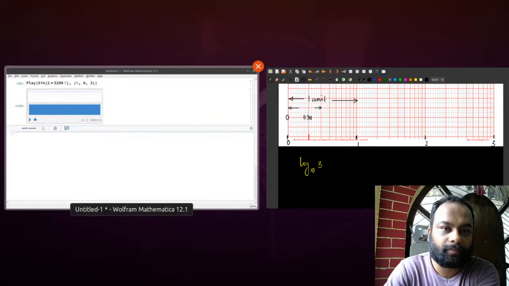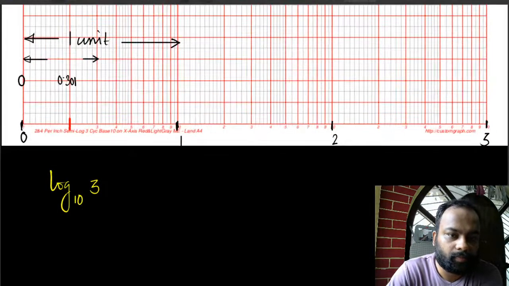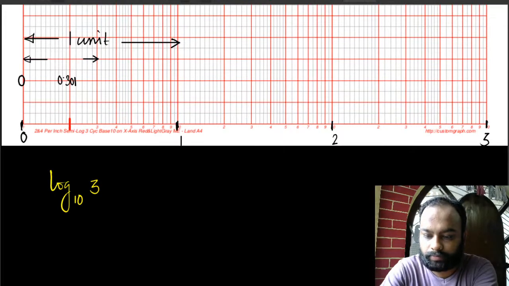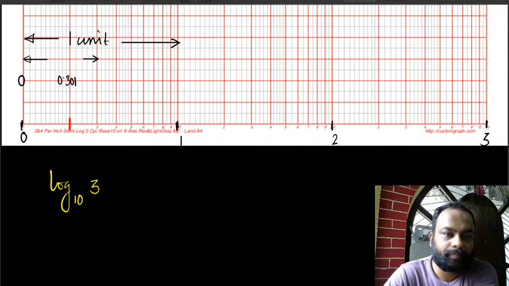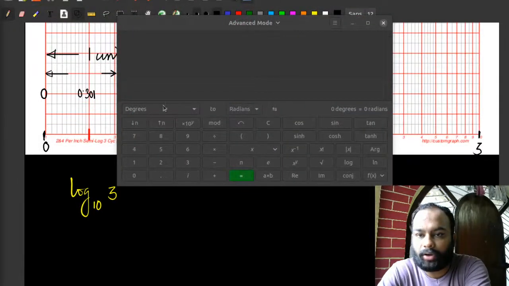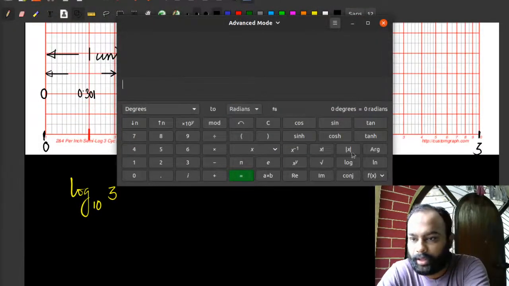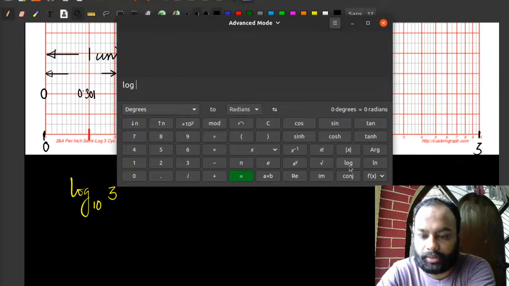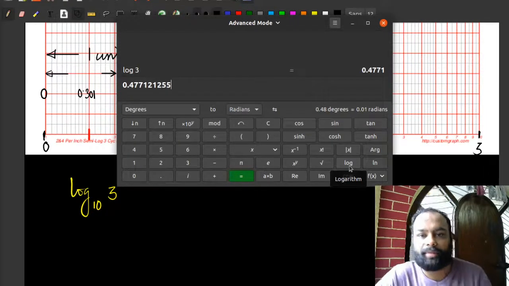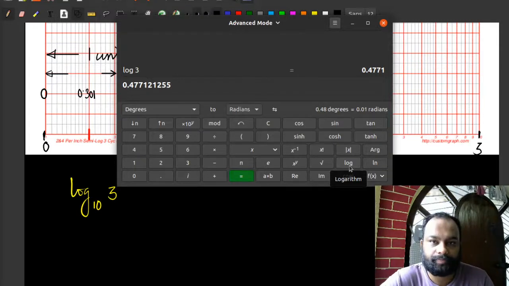Hold on. All right. And if I calculate log 3, that gives me 0.477.